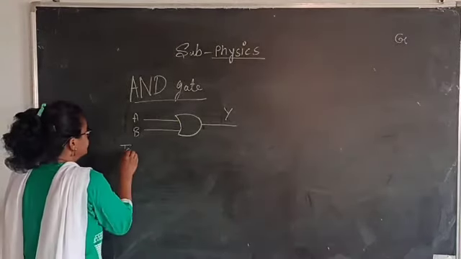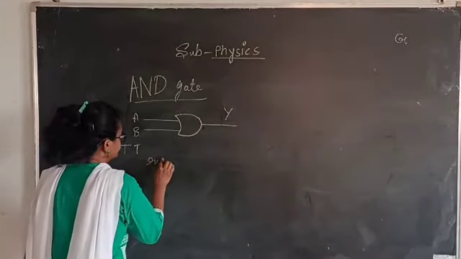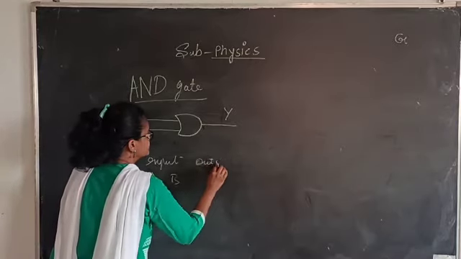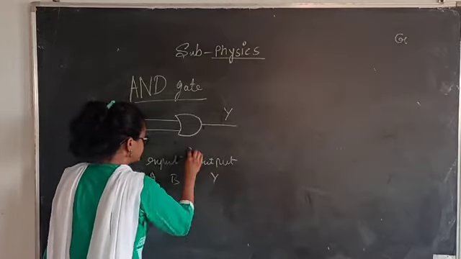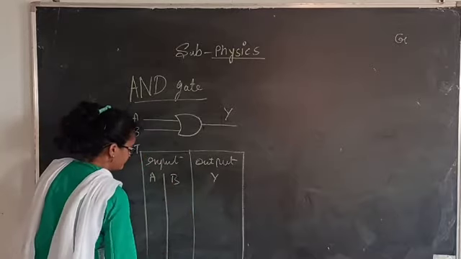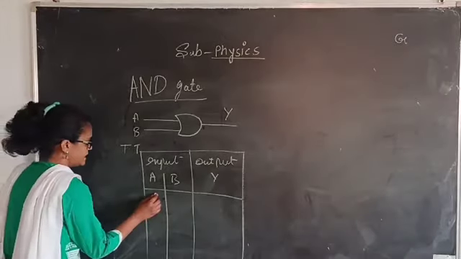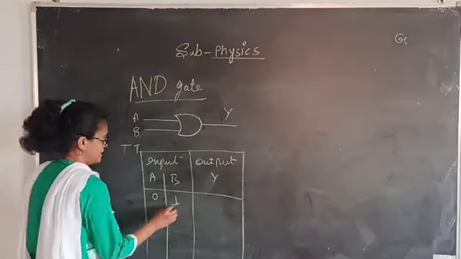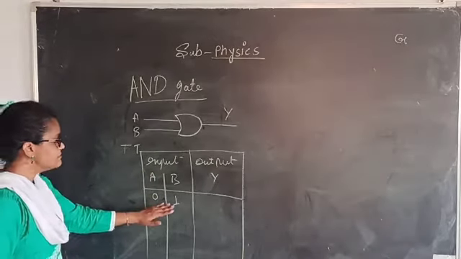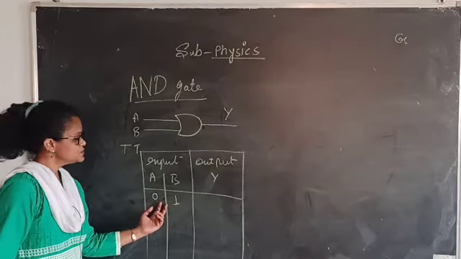Now we'll go for the truth table for this AND gate. Again inputs A and B, output Y. So again we'll start with, suppose A is 0 and B is 1. Here the AND gate is simply the product of the two inputs.